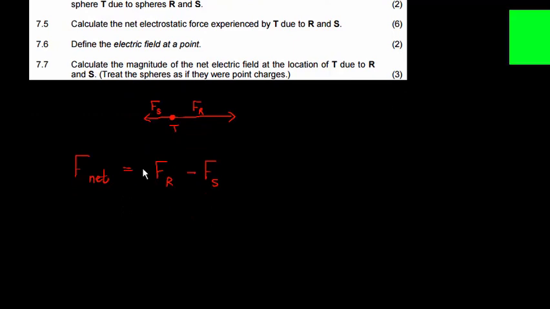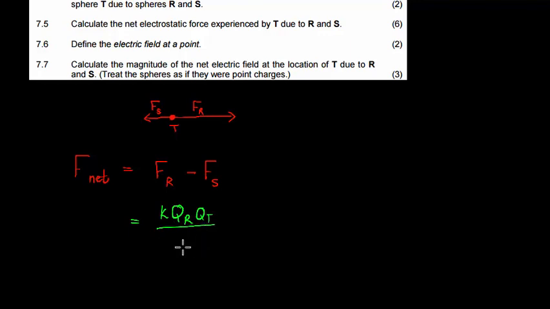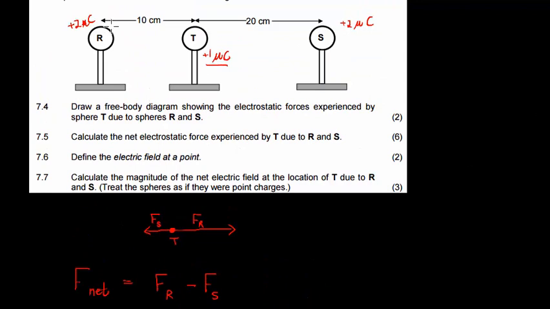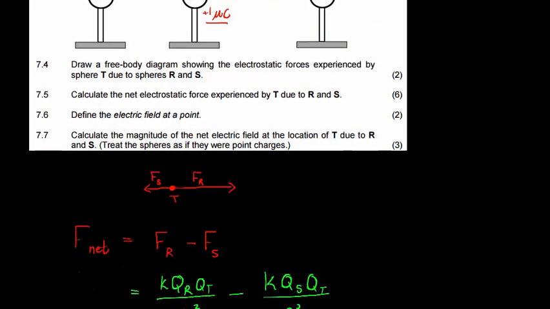The force calculation is quite simple. We take k QR times QT, because we're working out the force between those two, divided by the distance between R and T squared, minus k QS QT divided by the distance between S and T squared. That calculates the force if it was only due to S, and if it was only due to R it would have been the first force.